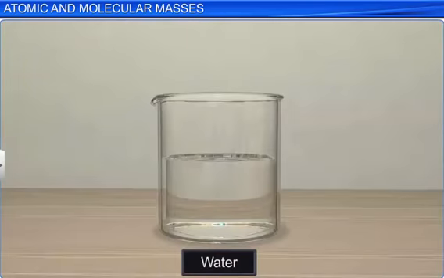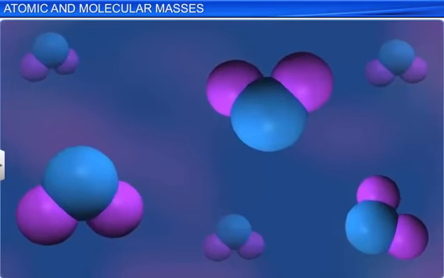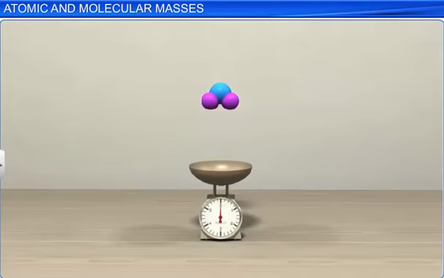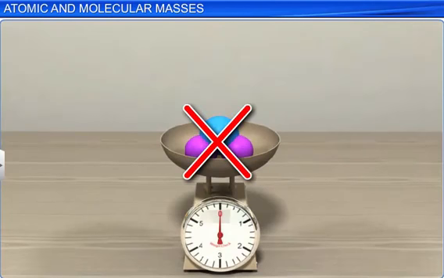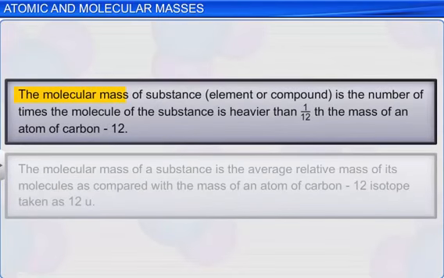Like atoms, molecules are also very small. Hence, their mass cannot be determined by weighing them. Therefore, the molecular mass is determined relative to the mass of carbon atom taken as 12 U. The molecular mass of a substance, element, or compound is the number of times the molecule of the substance is heavier than 1/12 the mass of an atom of carbon-12.